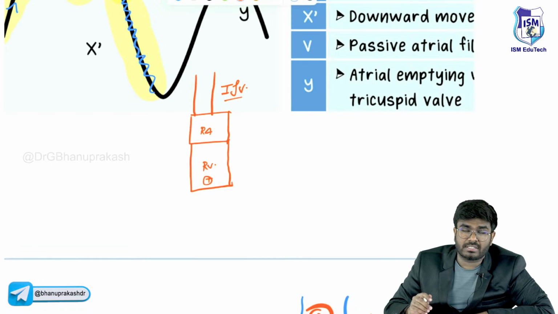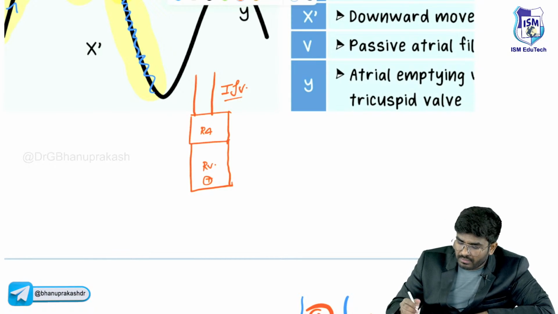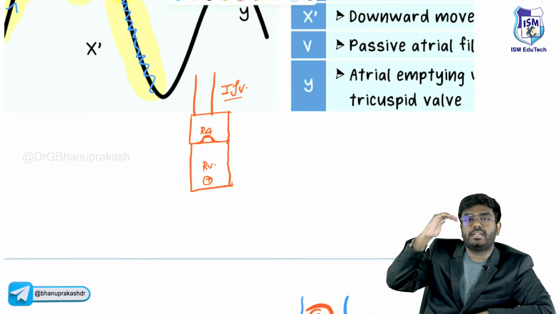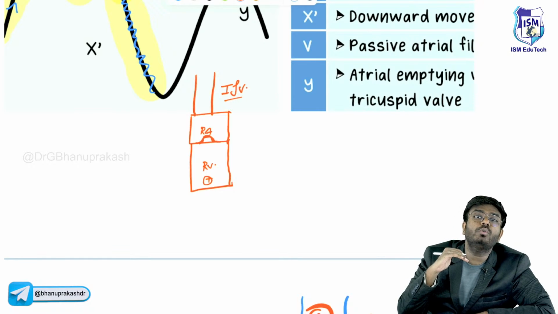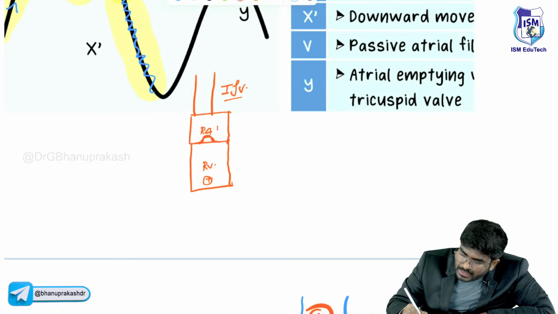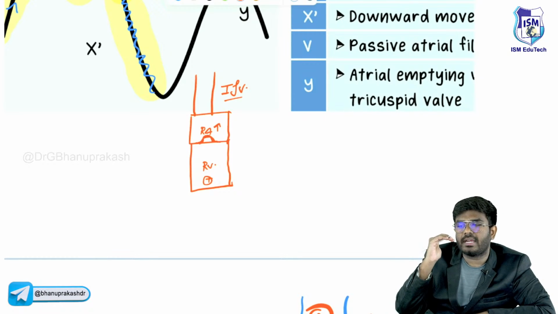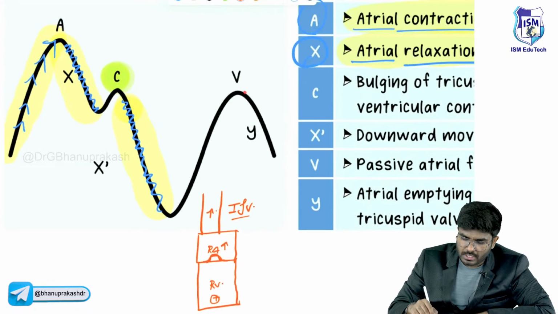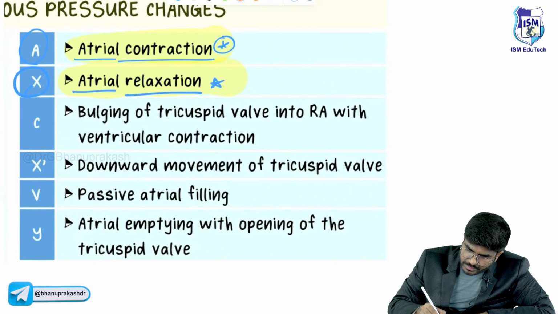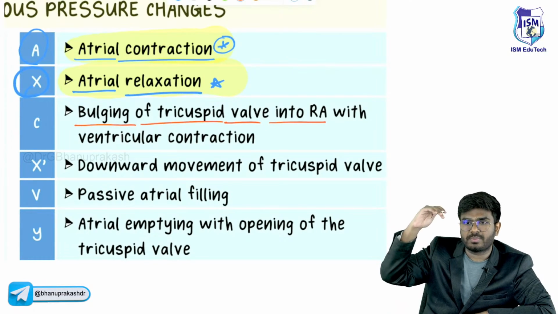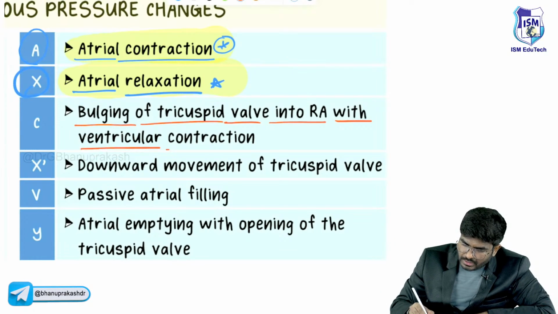When the ventricle contracts, the tricuspid valve will actually bulge into the right atria. This bulging increases the right atrial pressure a little bit, so the internal jugular vein pressure also increases a little bit. So the C wave is because of bulging of the tricuspid valve into the right atria with ventricular contraction.